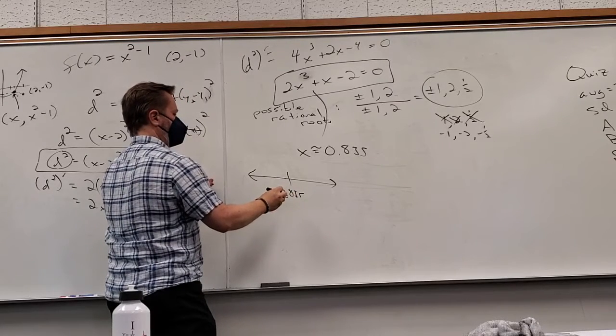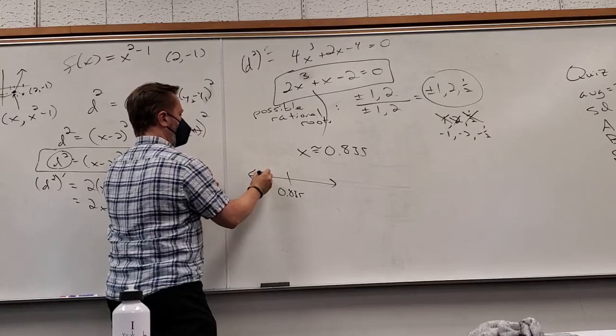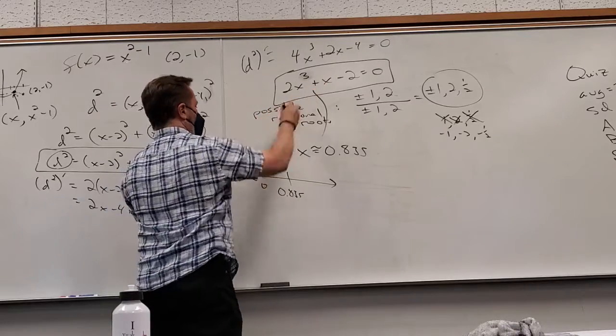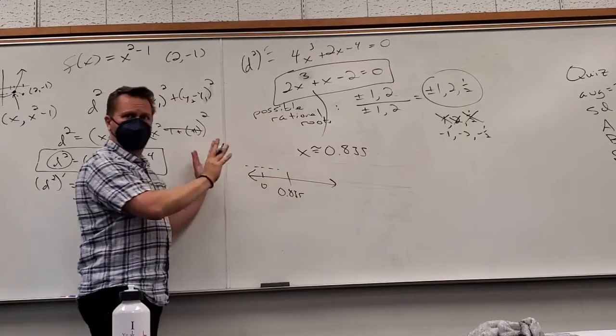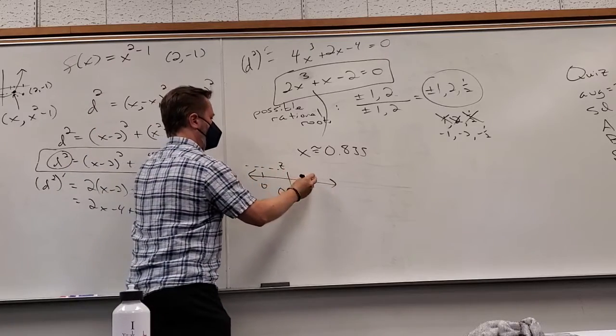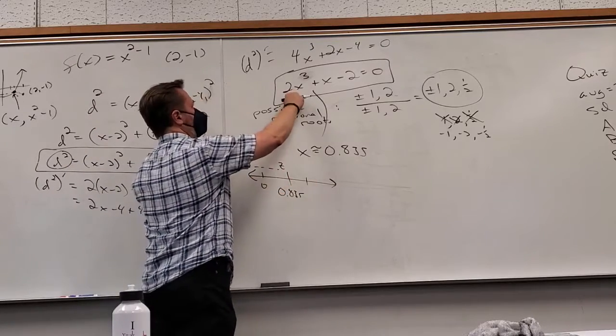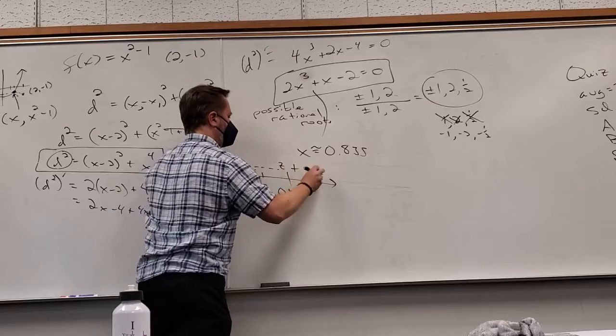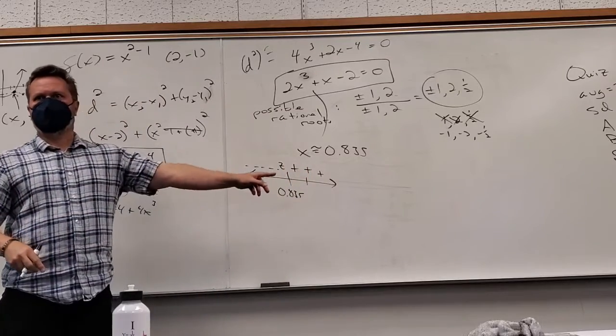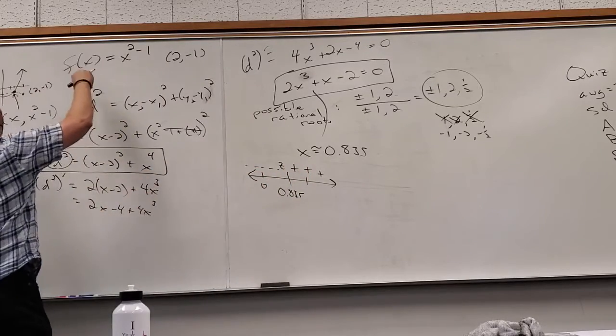All right, so if I put a 0 in here, this would be negative. Is that cool? And if I put a 1 in here, 2 plus 1 is 3 minus 2 is positive, so does that tell me it's a minimum? Yes. So what is the point?